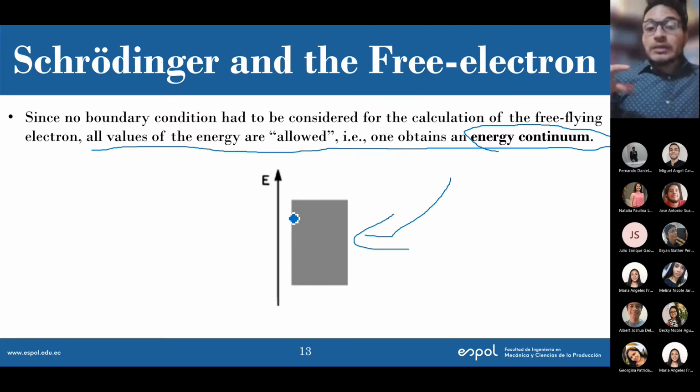That's the point. The system can take any value of energy in this range, and this range is really quite big, because there's no restriction, right? As long as it's positive, but obviously energy is going to be positive, it can take any value. Okay, and one thing, guys, remember, this is not going to be easy to visualize.